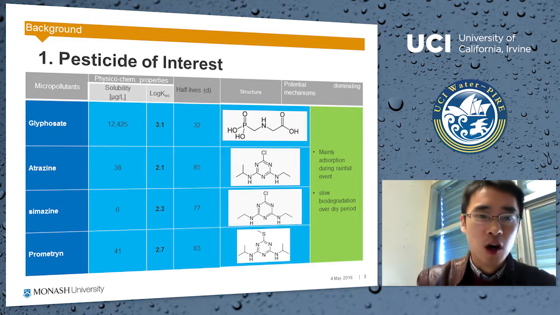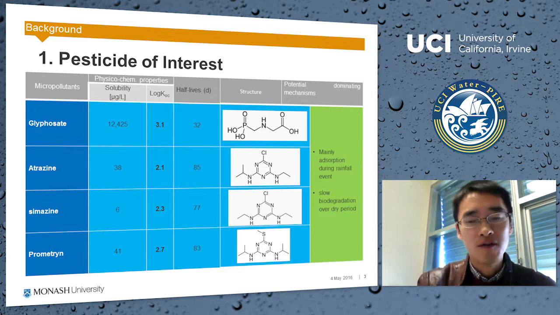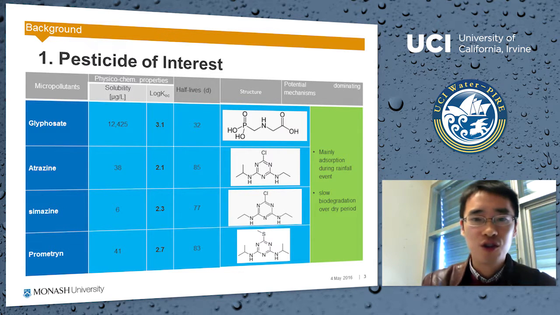we only tested a few pesticides: atrazine, simazine, and prometon, which are commonly found in stormwater. Atrazine, simazine, and prometon are quite similar in terms of their chemical structures, physical-chemical properties, and half-lives.